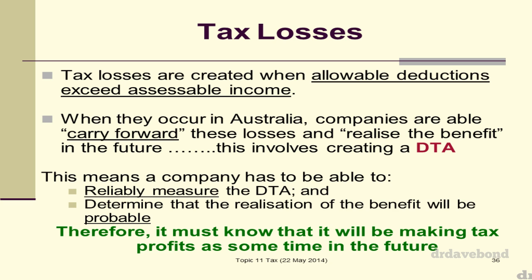But because you've got this carried forward tax loss, you're not actually going to be paying out the full 900 because you've got this DTA which you carried forward and can use against your future taxable profits.